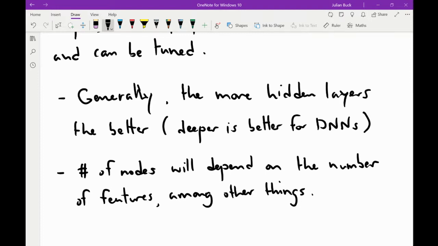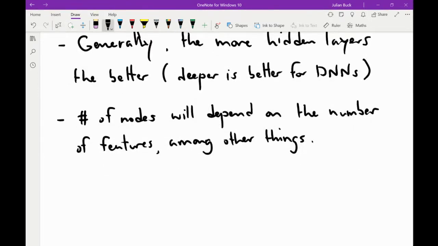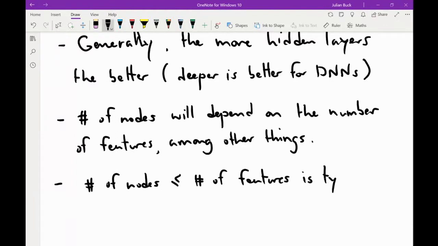And so if we are tuning these, we need to think about whether or not we're overfitting on the data, etc. But basically, the number of nodes less than or equal to the number of features is typical, but certainly not required. So these are more just guidelines and observations than anything else.